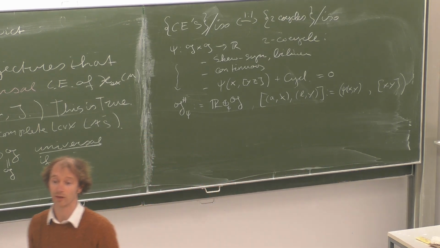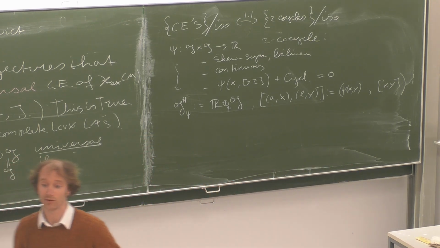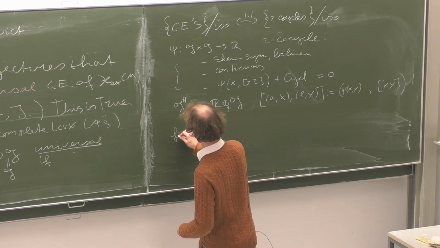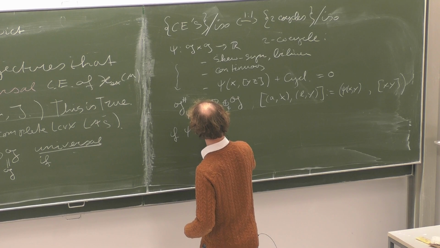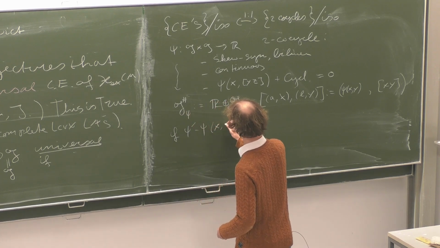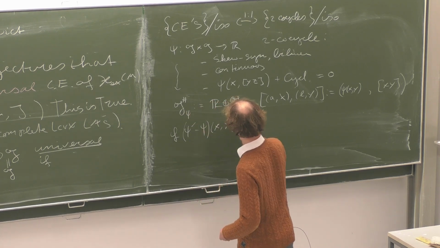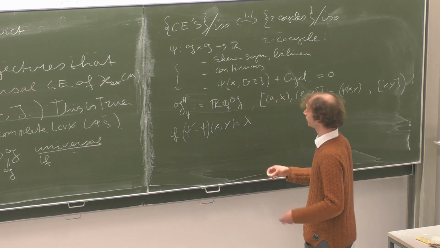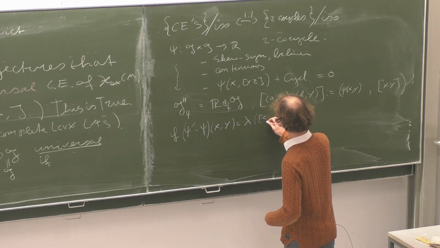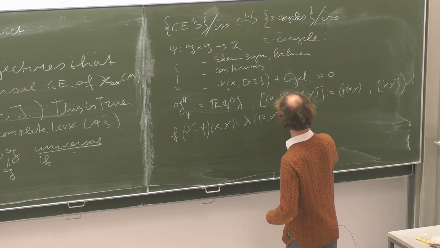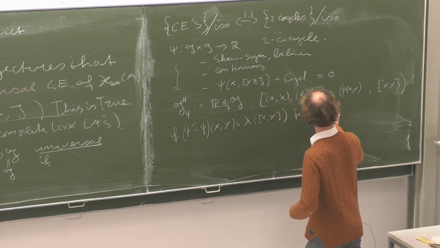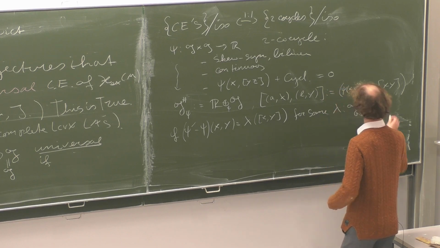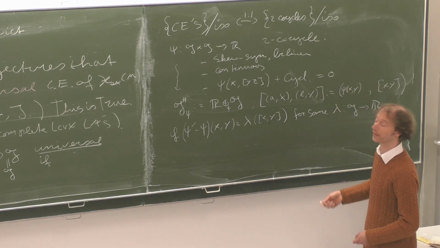And two two-cocycles are cohomologous if their difference is a coboundary. And the coboundary is some function lambda of the bracket, from the Lie algebra to R, which is then automatically continuous.